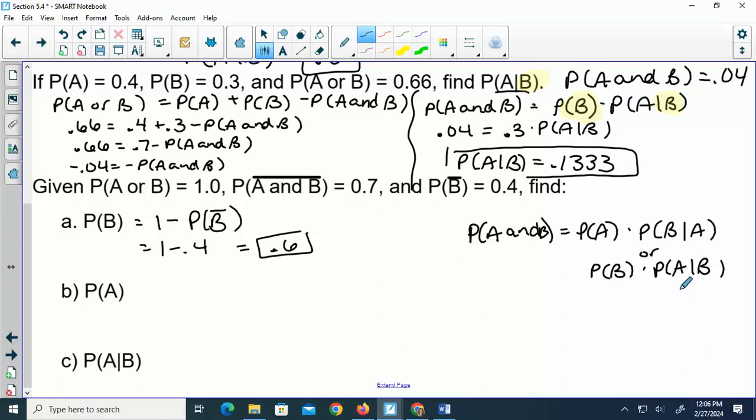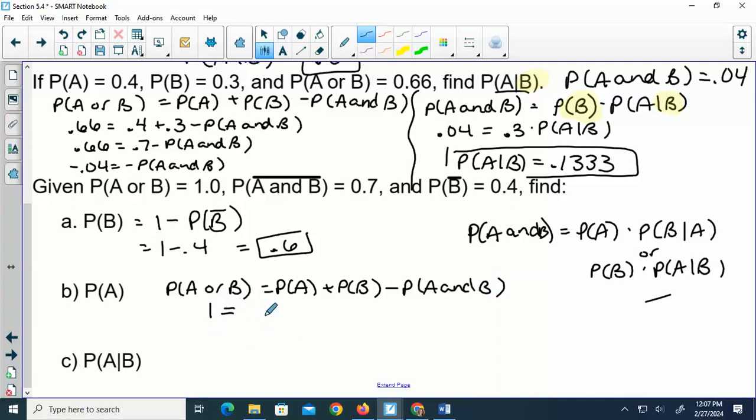But could I use my general addition rule? Probability of A or B equals probability of A plus probability of B minus probability of A and B. A or B is 1. Probability of A we don't know.